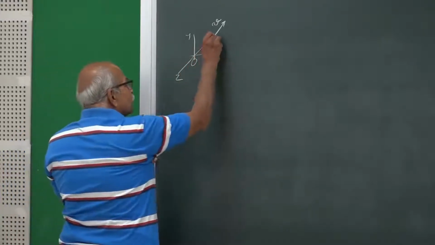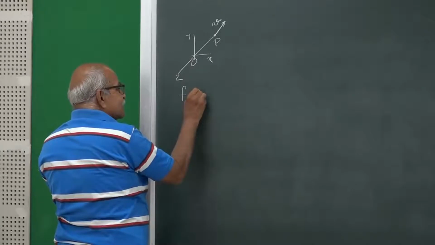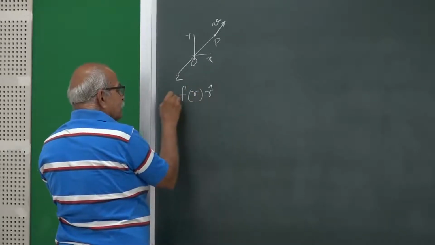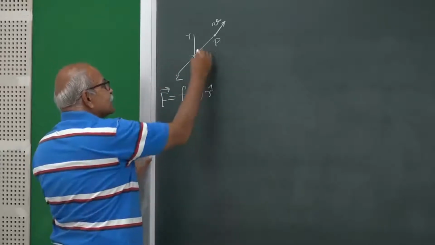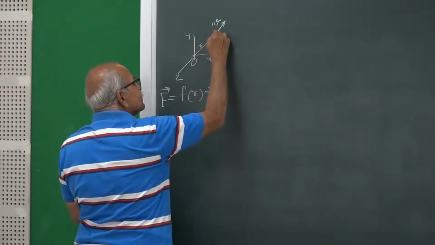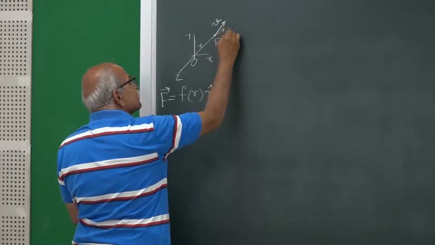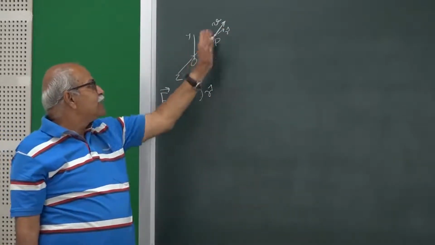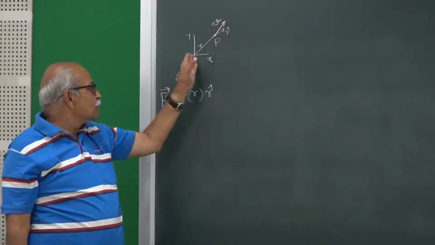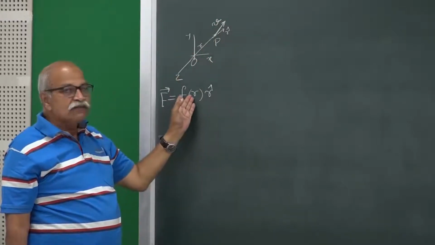And if the resultant force on this particle is F_r r cap, where r is this distance and r cap is the unit vector in this direction, it can be away from O or it can be towards O, and that will depend on this function.